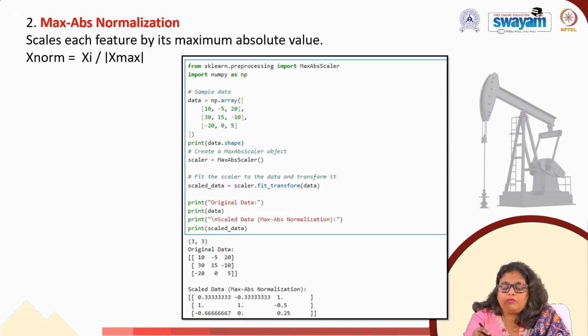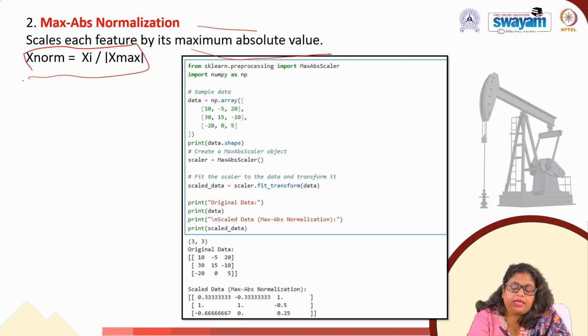Now the second one is max abs normalization. It scales each feature by its maximum absolute value. X normal is calculated by xi divided by x max.